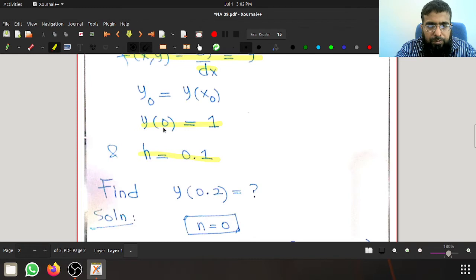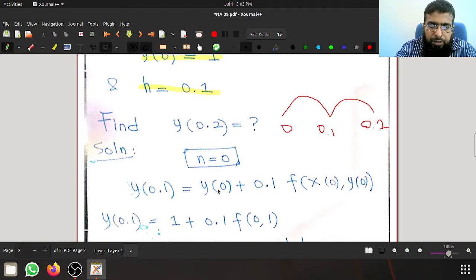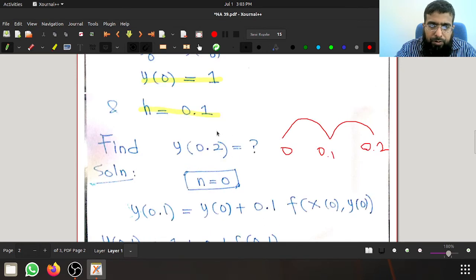So we will start from 0, jump size is 0.1, so we'll jump like this. We'll start from 0, the first jump will take us to 0.1, and the second jump will take us to 0.2. So we'll start with n is equal to 0, x of 0 is also 0, y of 0 is 1, it's given as an initial condition.